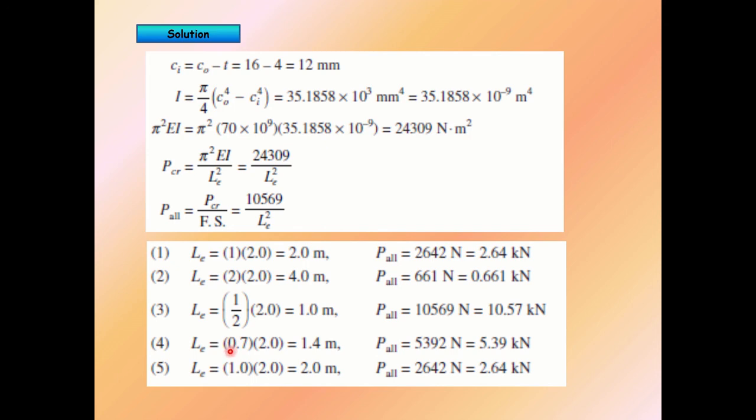Number 4 figure, n equal to 0.7, the L effective becomes 1.4. Number 5 figure, the n value is 1, so the L effective is 2. Substitute the L effective into this P available formula, and you can get the P available for different types of column.